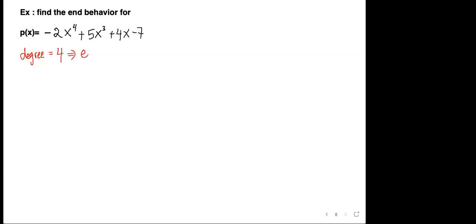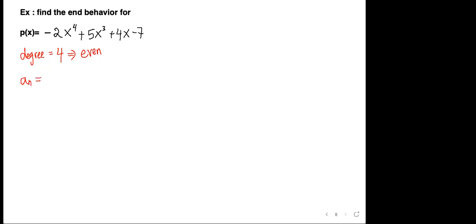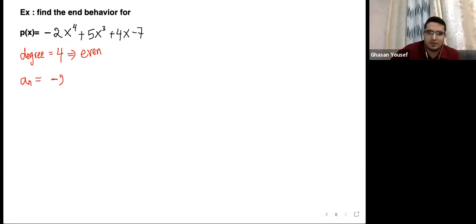So the degree is 4, so it's even. Now, what is the leading coefficient? What is an? It's minus 2, this is correct. Is minus 2 positive or negative? What is the sign? Is it greater than 0 or less than 0?